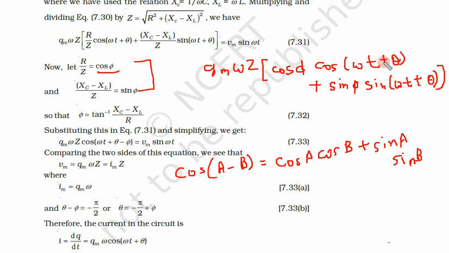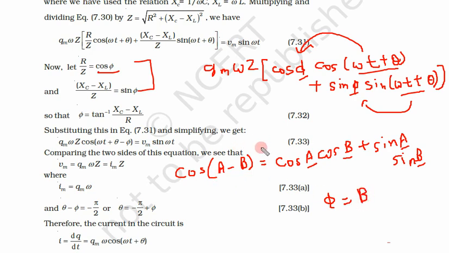Here we take a as phi and b as omega t plus theta, and the same for the sine terms.